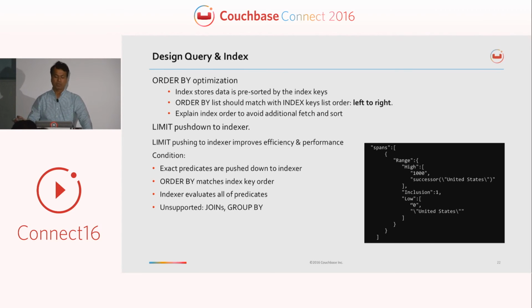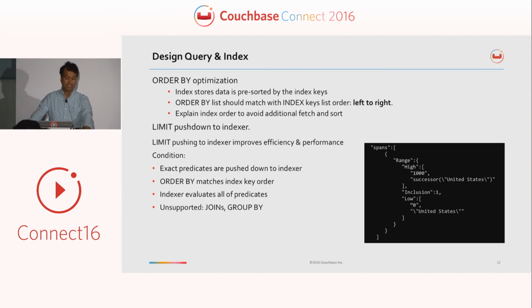We can avoid the order by itself, right? For us to exploit the index order, the index key list has to match the order by list. We should be able to push down all of the predicates to the index. So then we can exploit the index order, so we eliminate the order by itself.